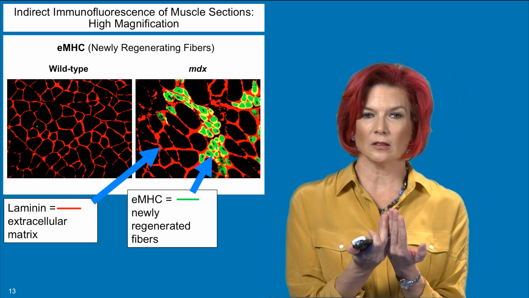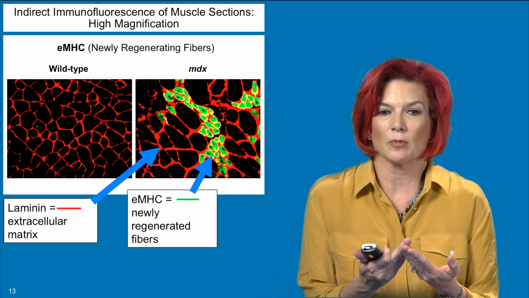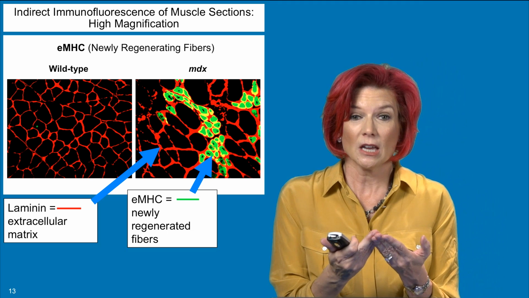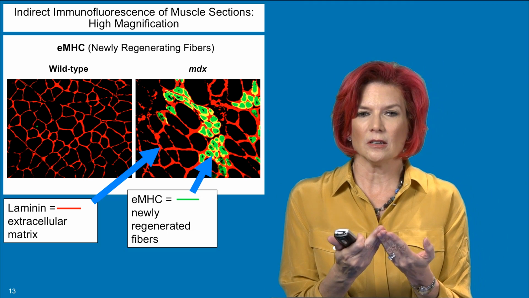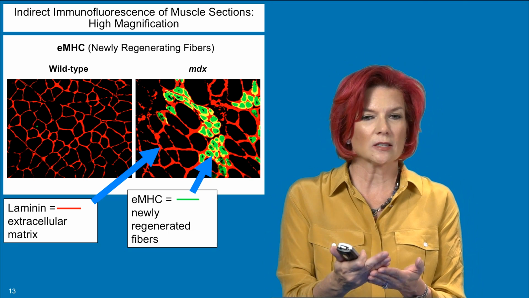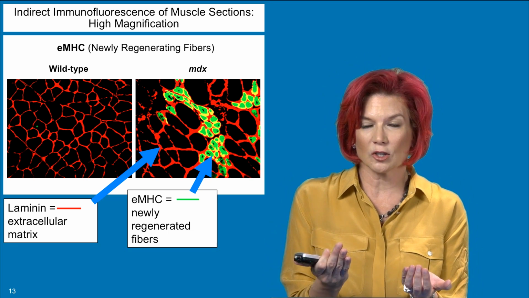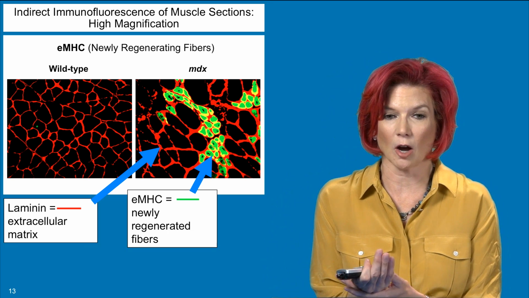We also see that laminin is denoting where each of those fibers is located in the MDX muscle. So while laminin is expressed in the MDX mouse, remember that the laminin is not connected to the skeletal muscle fiber because of the loss of the dystrophin glycoprotein complex.